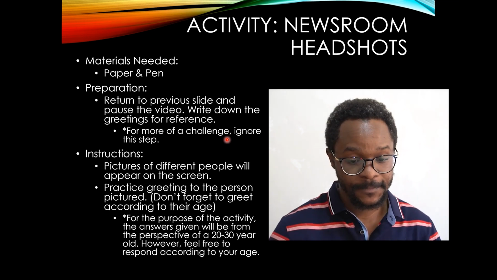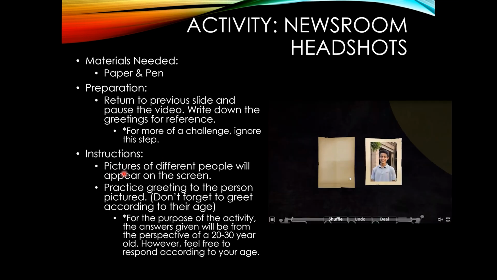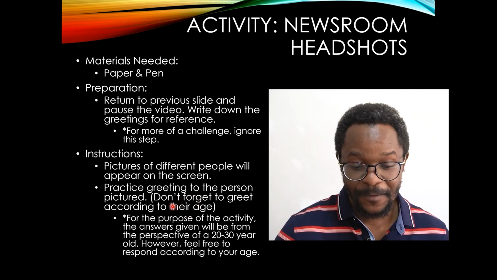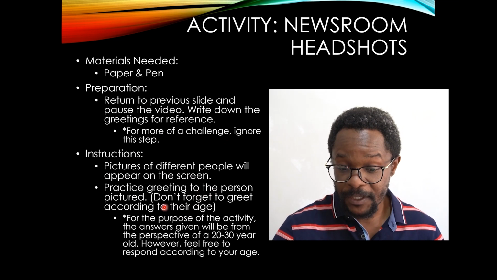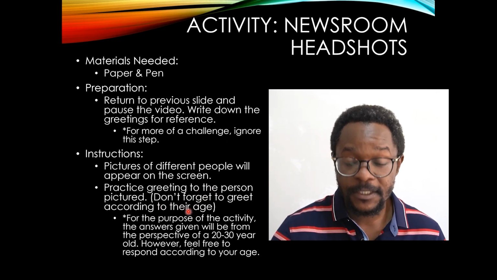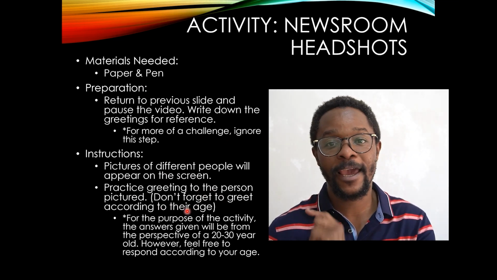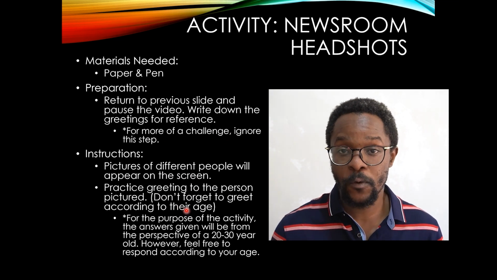Instructions. Pictures of different people will appear on the screen. Practice greeting the person pictured. Don't forget to greet according to their age. This is so important.